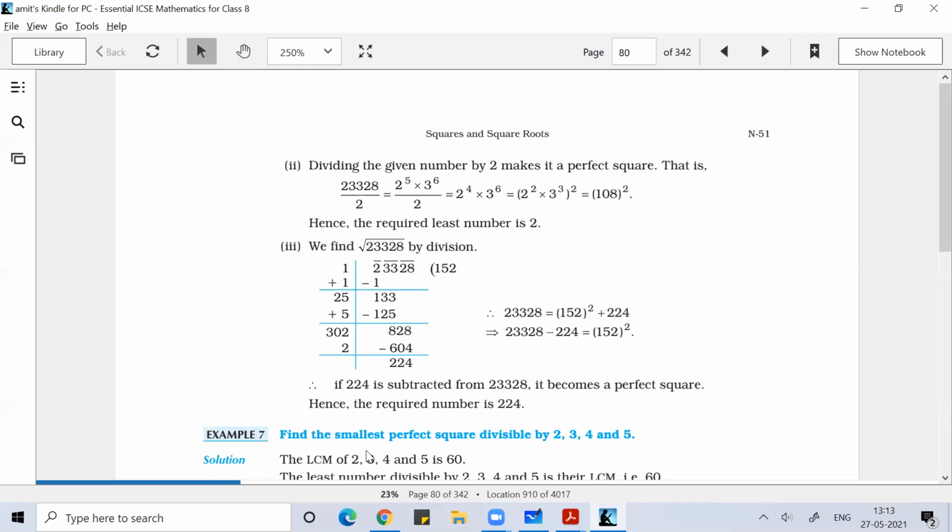So can I tell you the steps? Tell me the steps. Sir, the question is that we have to find the smallest square which is divisible by 2, 3, 4 and 5.